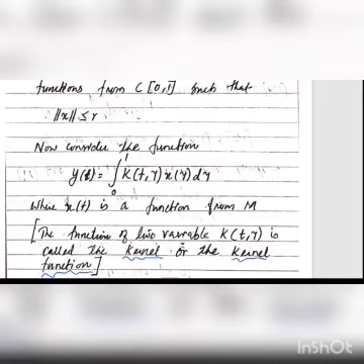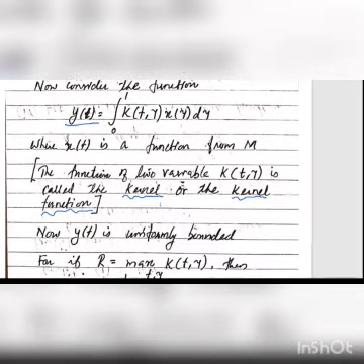Now we will say that this y(t) is uniformly bounded. So how to prove y(t) is uniformly bounded?